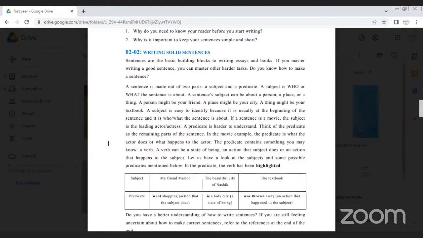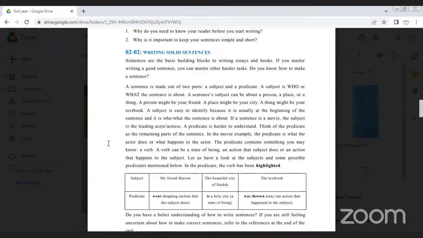A predicate is harder to understand. Think of the predicate as the remaining part of the sentence. In the movie example, the predicate is what the actor does or what happens to the actor. The predicate contains a verb.